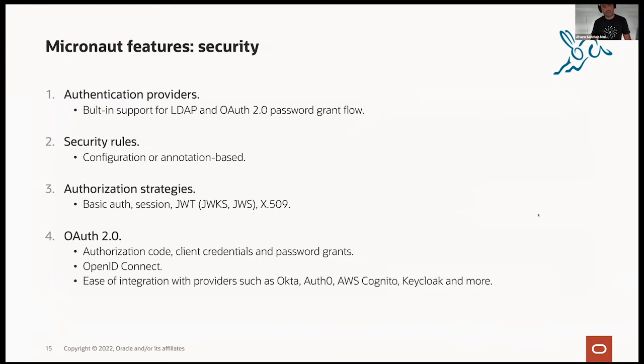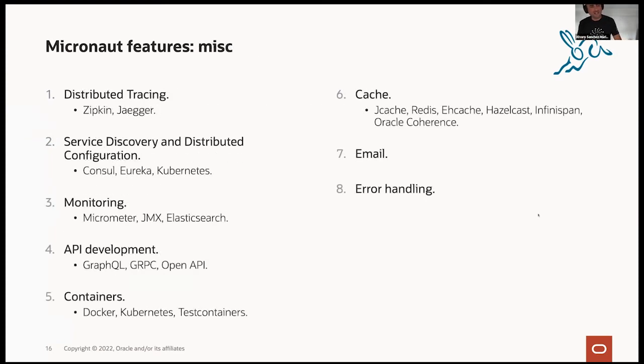There are authentication strategies for all the major technologies, namely JWT, but also certificates, HTTP session, etc. And in terms of OAuth, there's plenty of support and integrations with major providers. And there's much more, like distributed tracing, service discovery, distributed configuration. So essentially all the 12-factor patterns are supported, monitoring, API development, etc.